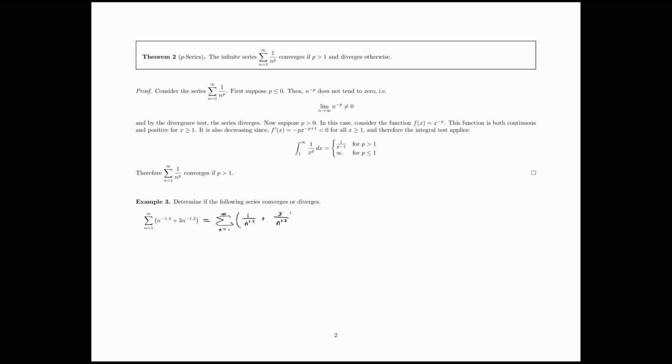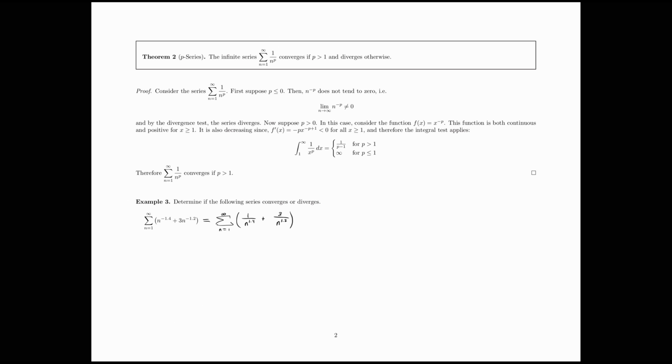Now what's really important here is the linearity of series, and we know that if we have two convergent series, we are allowed to add them together and obtain a new series that is also convergent. Similarly, if we have a convergent series, we can multiply by some constant to obtain a new series that also converges.